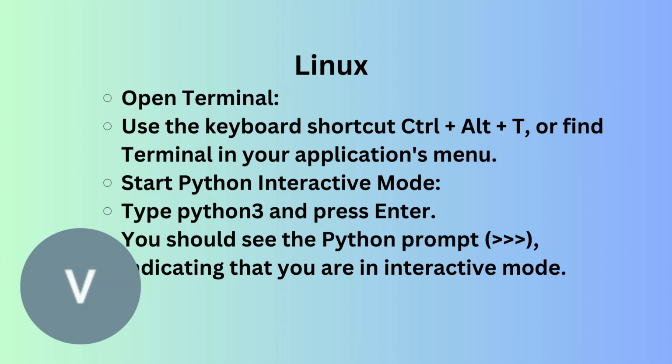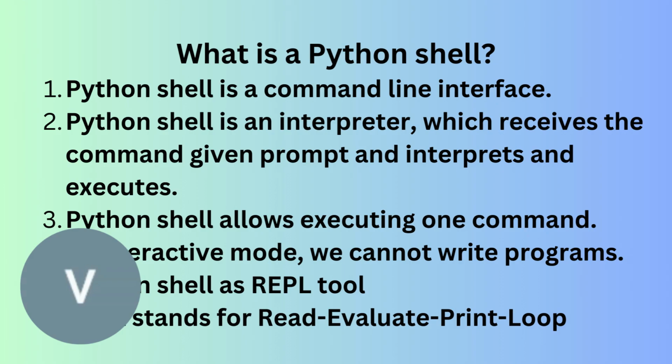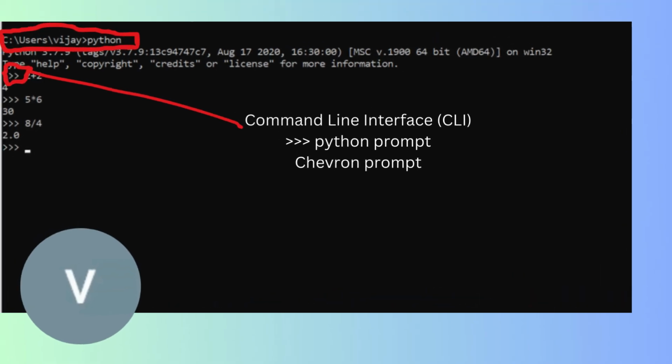What is the Python shell? Python shell and Python interactive mode are both the same. This is the command prompt after installation is done on Windows. Open the command prompt, and under the user path, if you enter python, it will go to interactive mode.